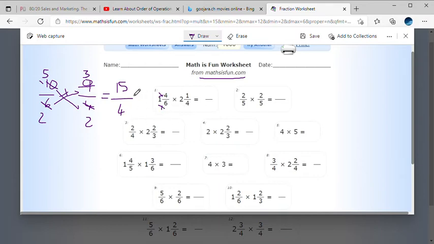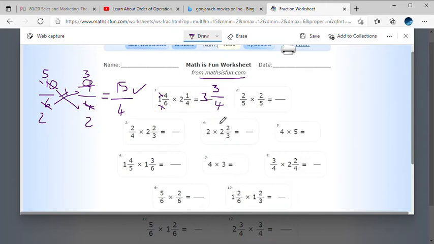This is a proper fraction, but to write it as a mixed fraction, you divide 4 into 15, which is 3, and it leaves a remainder of 3, over 4, which is our denominator.